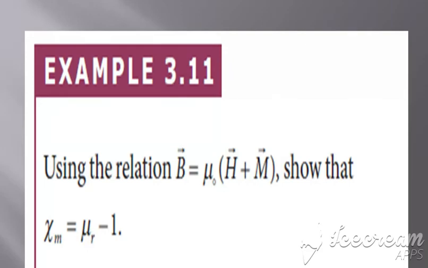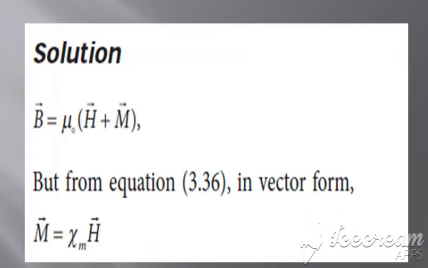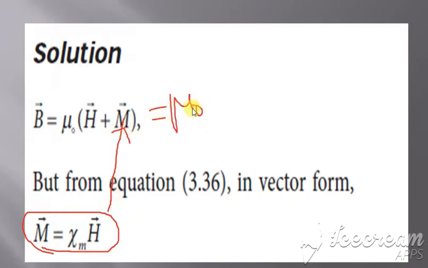For this, first take the formula B is equal to mu naught into (H plus M). And there is a formula which you have to know already, which is M is equal to xi m into H. Now instead of this M, substitute this value here. So we get mu naught into (H plus xi m into H).